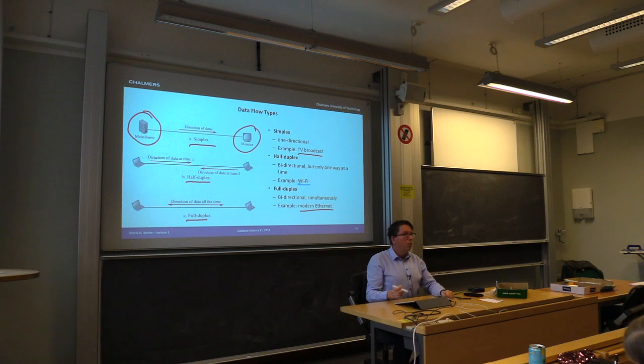Now, when we draw these type of lines where data can go, we will generally think of them being full duplex if we don't say anything else. Okay, so when you see a line like this, assume it's full duplex if nothing else has been said. Okay, any questions to this?